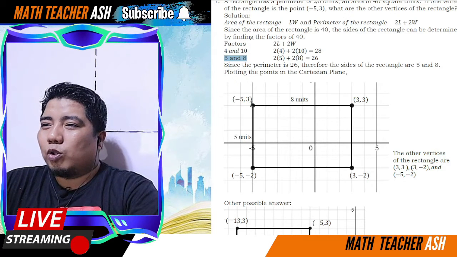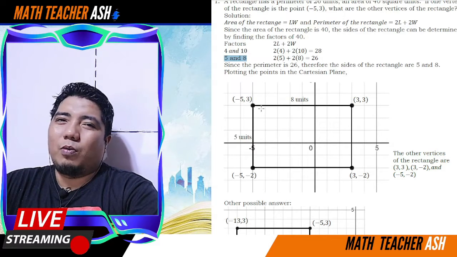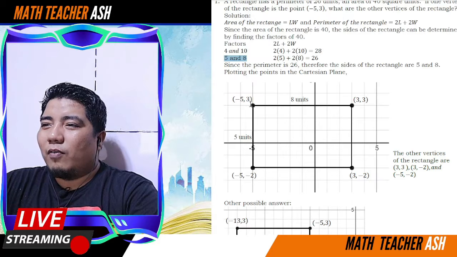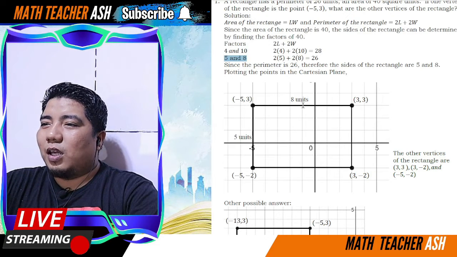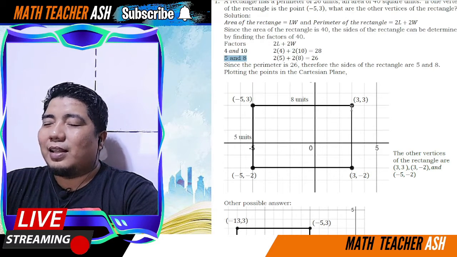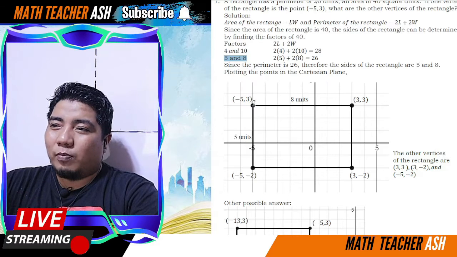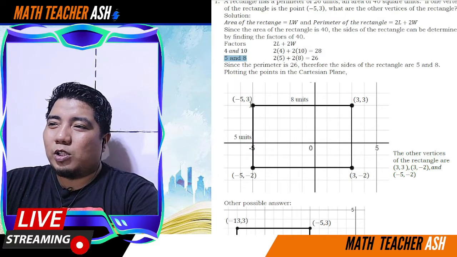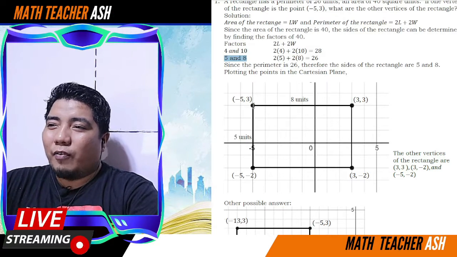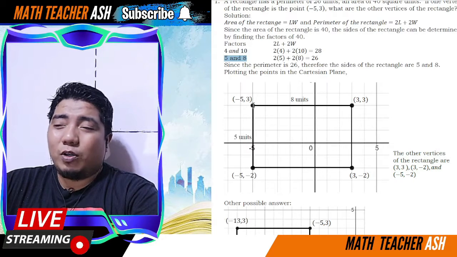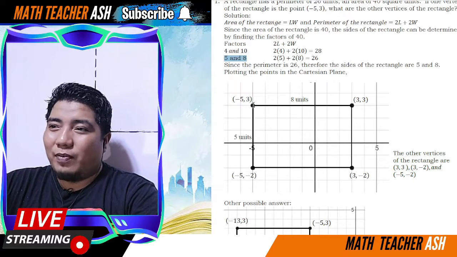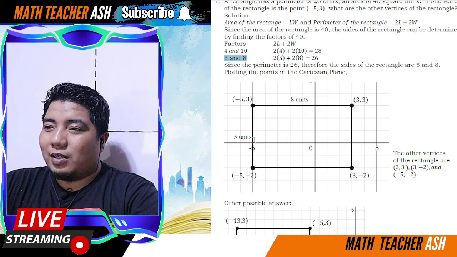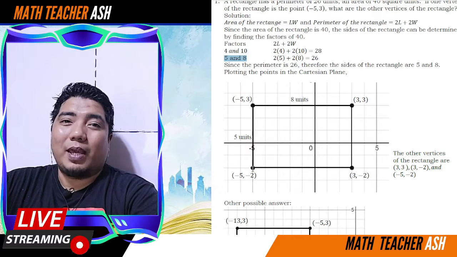So, kung gusto mo papunta dito, so, you could use 8 units. So, from here, 1, 2, 3, 4, 5, 6, 7, 8, and you make a dot. Mula na naman dito sa given, since we already used the 8 units, for the width, we will have the 5 units. So, move 5. So, 1, 2, 3, 4, 5, and you make another dot.